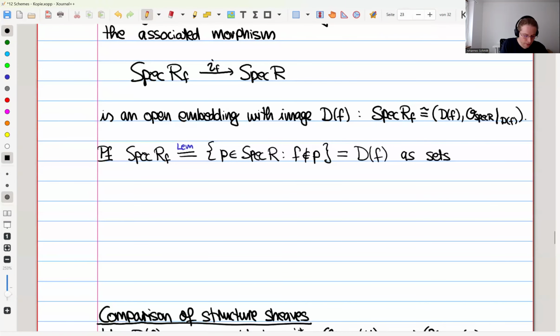Okay, and the bijection just takes a prime ideal here, and to get a prime ideal in a localization, you just take the ideal generated by this in the localization. So on the level of sets, we see that the map i_F is injective.